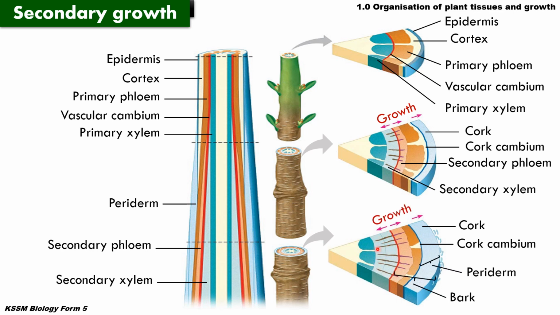Okay, the new secondary xylem develop, the new secondary phloem develop. So the size of diameter will increase, and increase. Boleh? Okay. So, you nampak pokok ni kecil. Mula-mula batang dia dekat bawah tu makin besar.